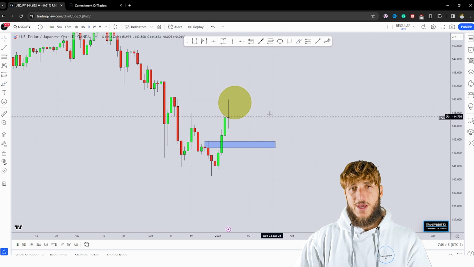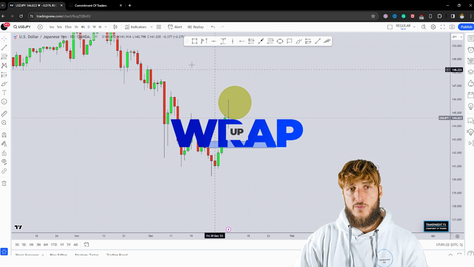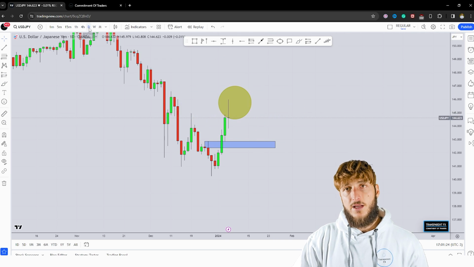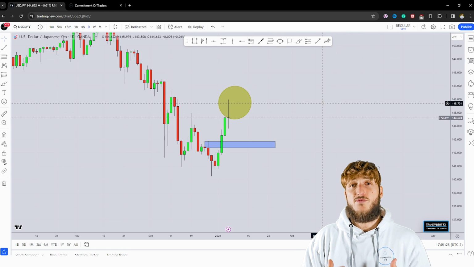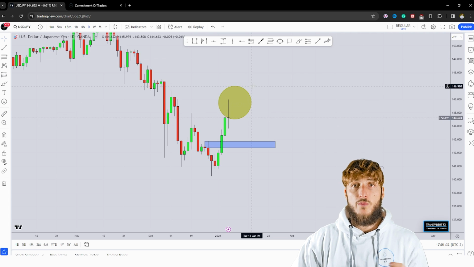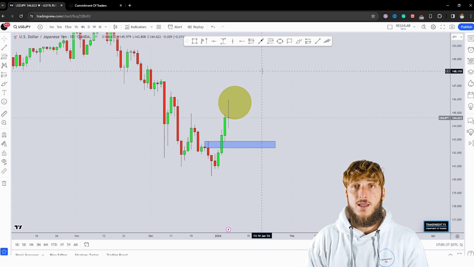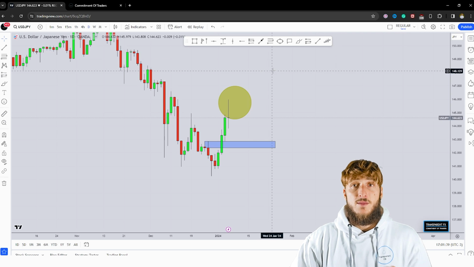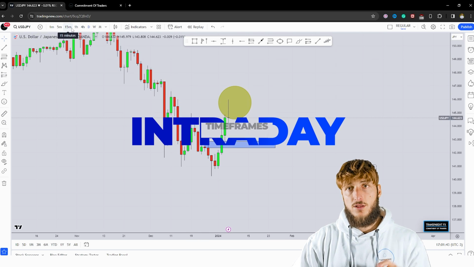So what I would expect in a situation like this? Well, as usual, trading is reactive and not predictive. The monthly, weekly, and daily timeframes combined with the COT data, those are the best timeframes from a directional perspective. However, when it comes to confirmations and identifying early shifts in the trend of a market, the best timeframes for that are the intraday timeframes, so 4 hour and lower.